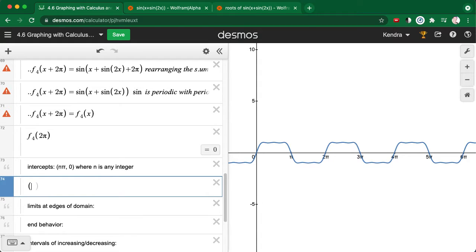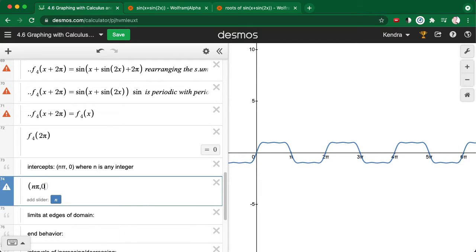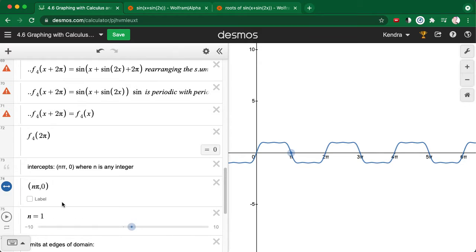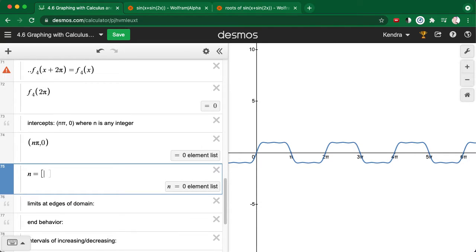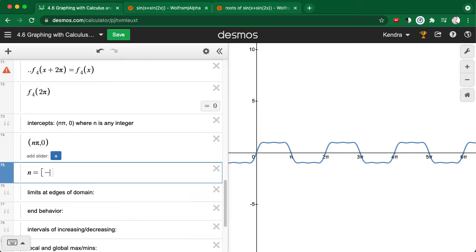I can plot those, n pi, 0, and instead of adding a slider, I'm going to just put in a bracket, a list from, I don't know, -5 to 5.